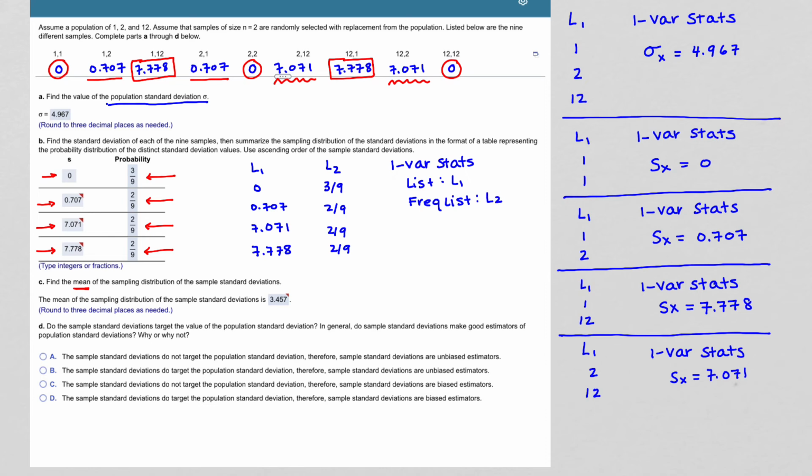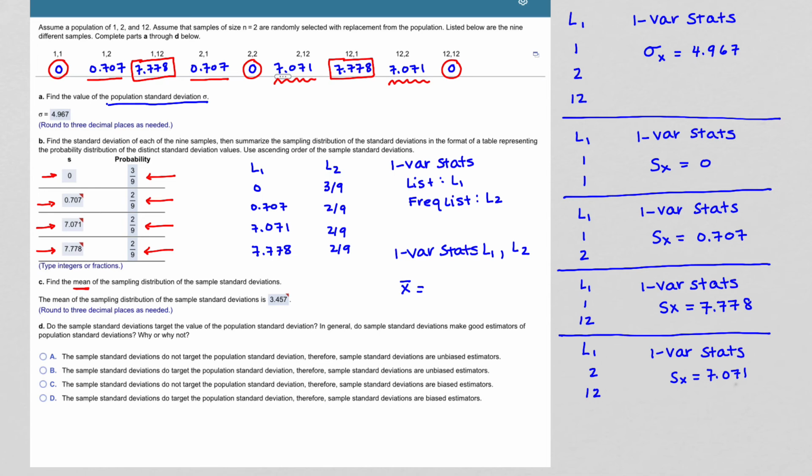And if you don't have the stat wizard, then when you type in 1var stats, you're going to put in L1, comma, L2. L1, there we go. So that's what we're going to put in. We're going to calculate that. And I'm looking for the mean.